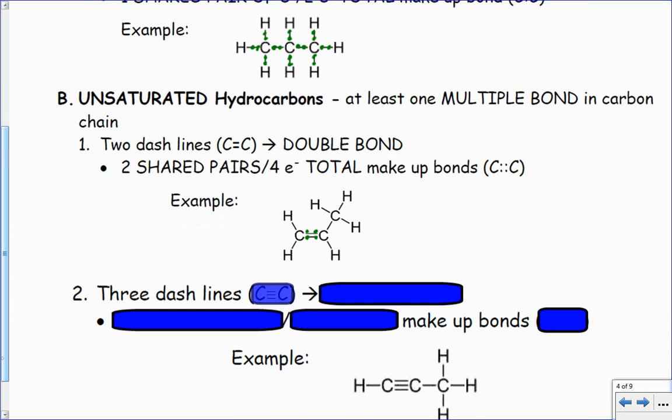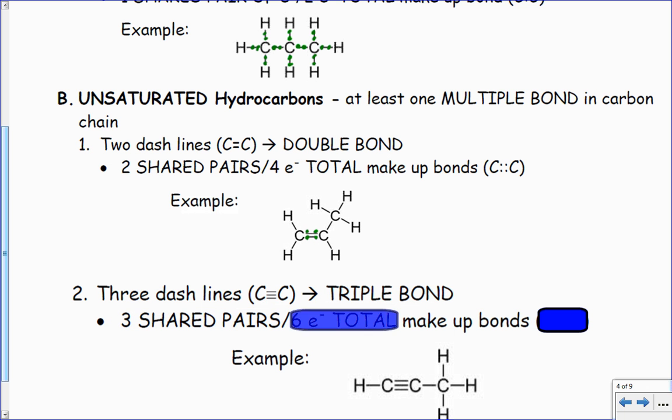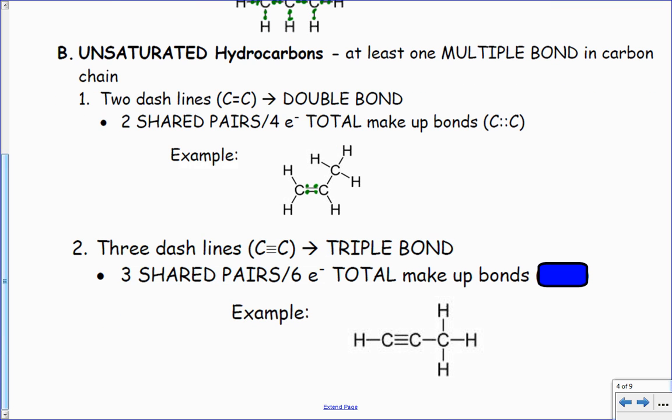Now, 3 dashed lines, again an unsaturated hydrocarbon, is a triple bond. 3 shared pairs of electrons total. Looking at the very bottom, we've got 2 electrons for each dashed line. While all of these carbon chains had 3 carbons in them, as you become more unsaturated, the number of hydrogens drops.